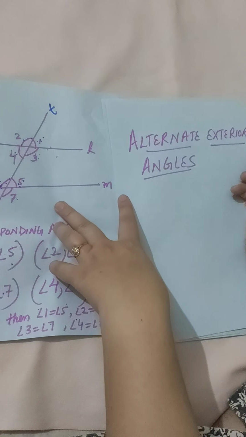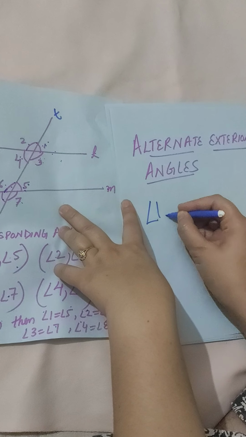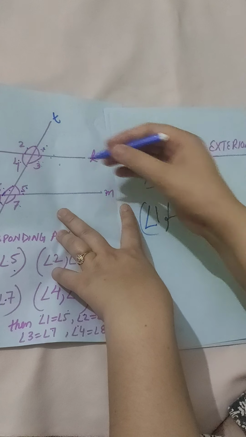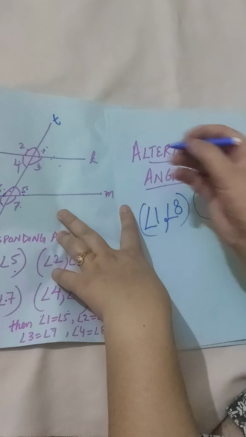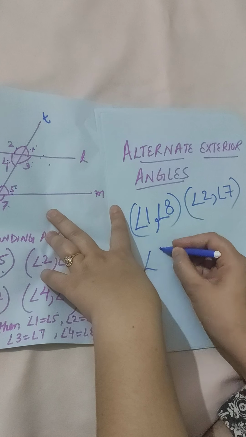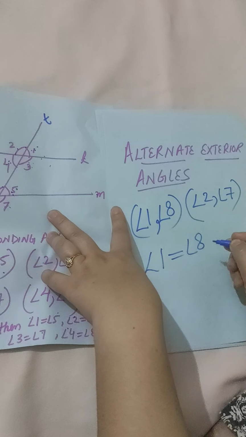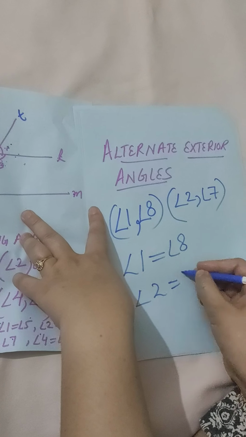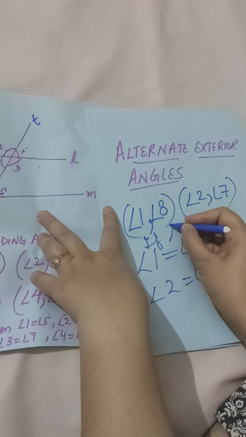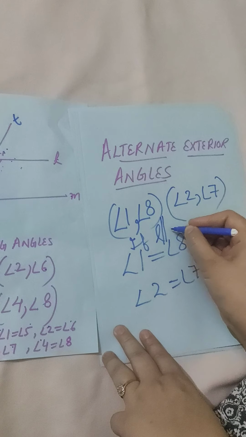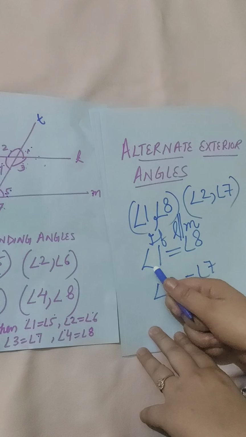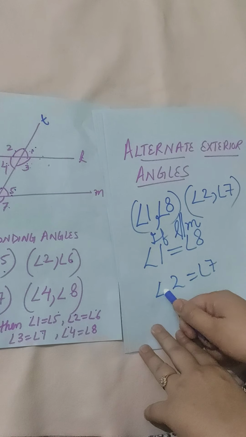So alternate exterior angles will be angle 1 and angle 8, and the second pair will be 2 and 7. If L is parallel to M, then angle 1 is equal to angle 8 and angle 2 is equal to angle 7.